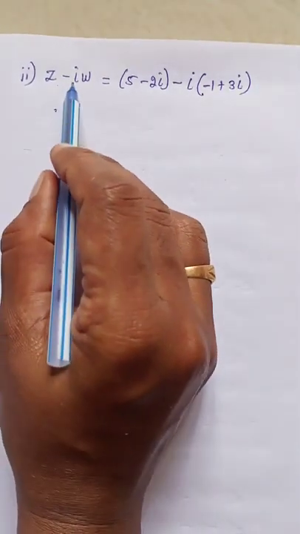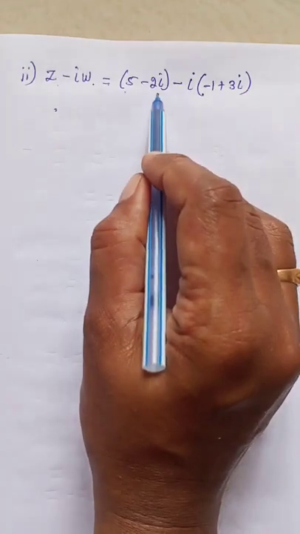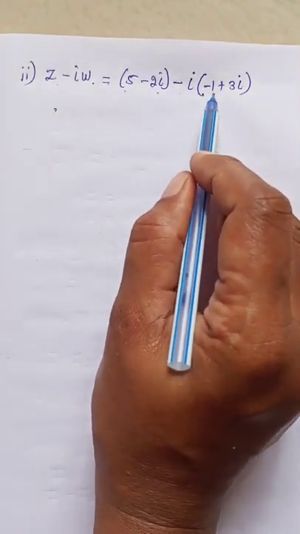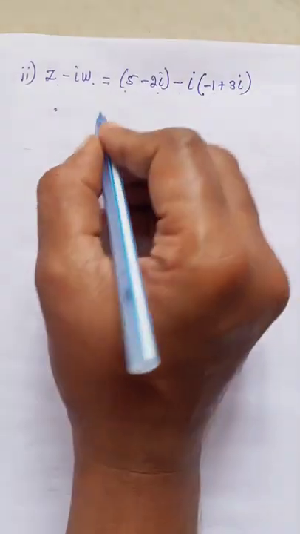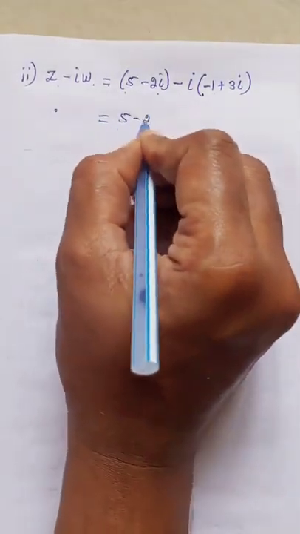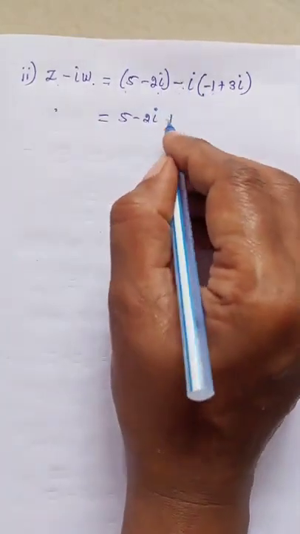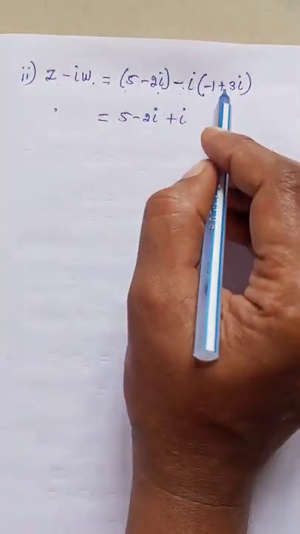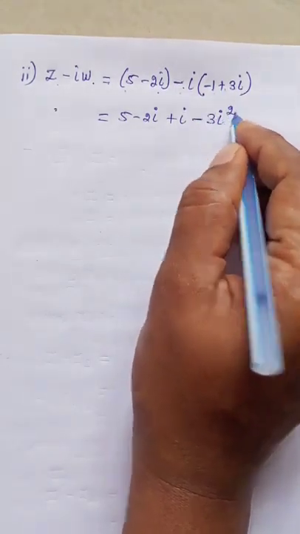Second subdivision, z minus iw, which is equal to 5 minus 2i minus i into minus 1 plus 3i. We have just substituted the values. Now we should simplify. Multiplying minus i with the bracket: minus into minus plus i into 1 is i, and minus into plus, minus i into 3i is minus 3i squared.